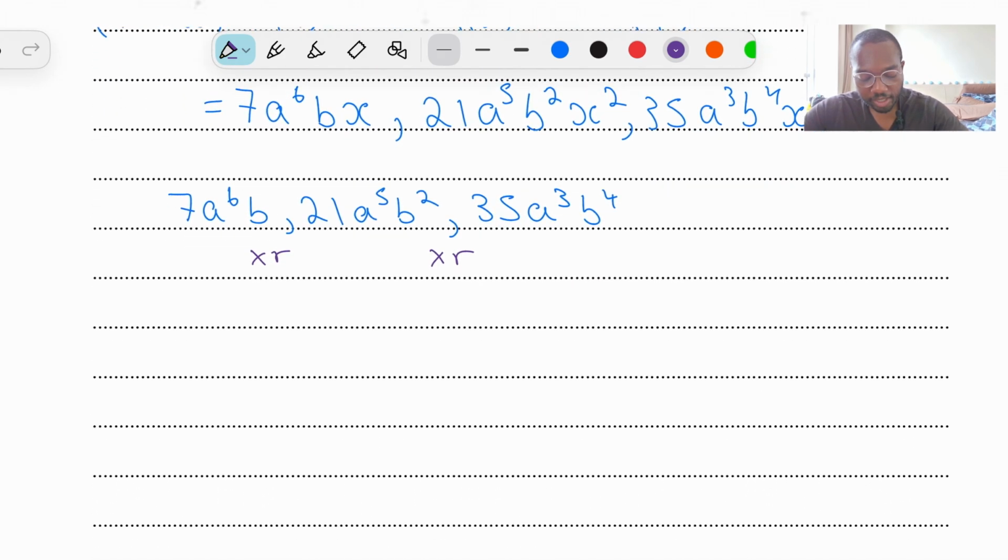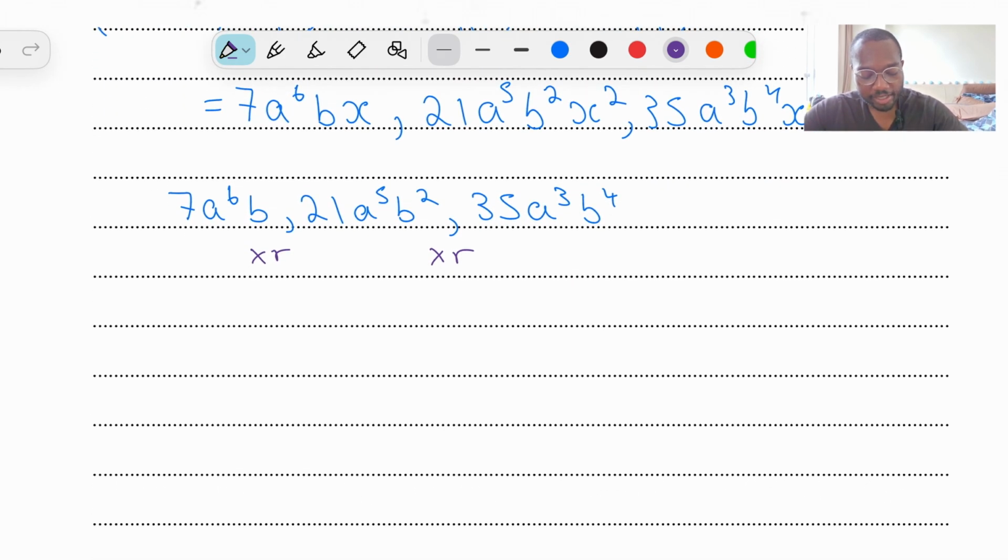So if we do that here, if we know 7a to the 6b times r gives us 21a to the 5b squared, then effectively we know that r is equal to 21a to the 5b squared over 7a to the 6b, okay?